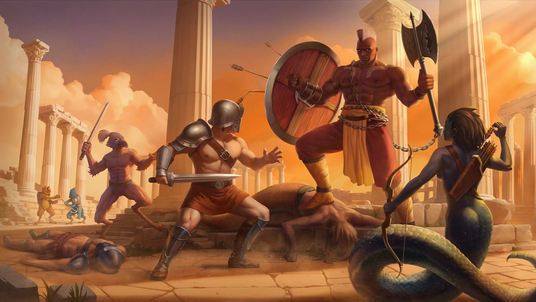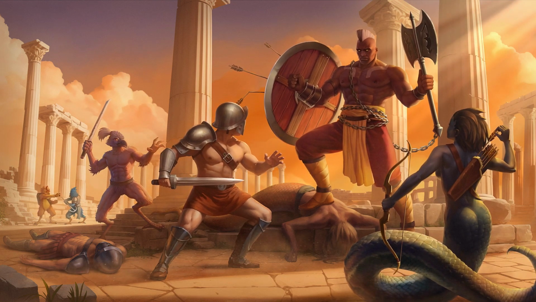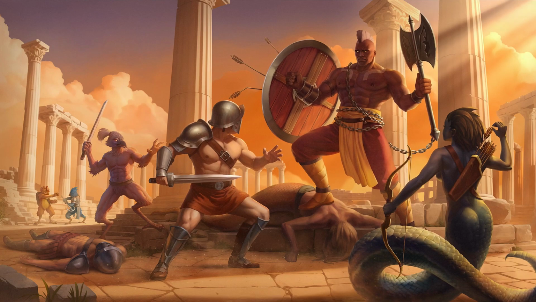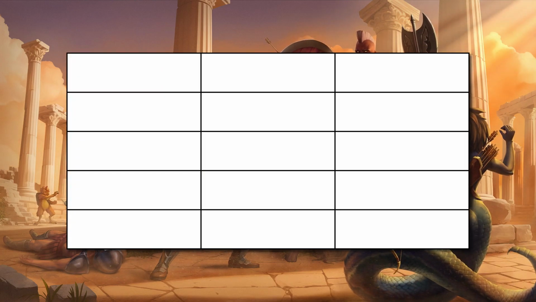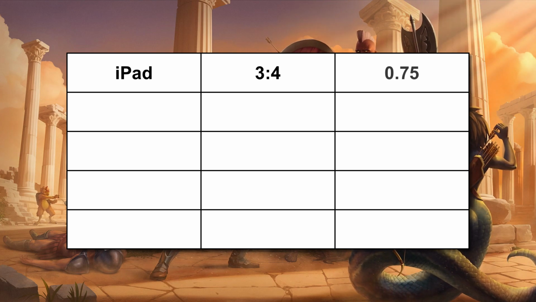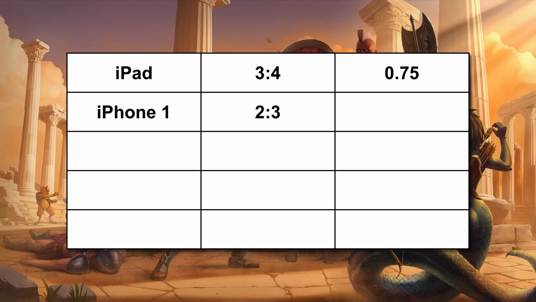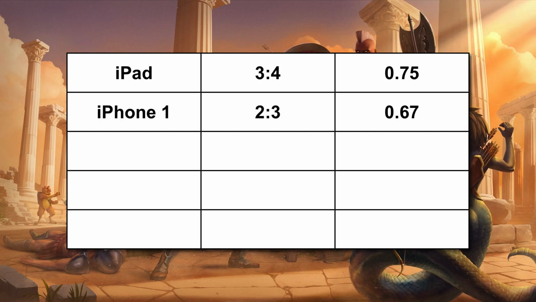I believe I've now found the widest and narrowest portrait mode device aspect ratios that I'll use to test Axor on. The widest is easy. iPad with a 3:4 ratio, or 0.75. Original iPhone is 2:3, or 0.67.